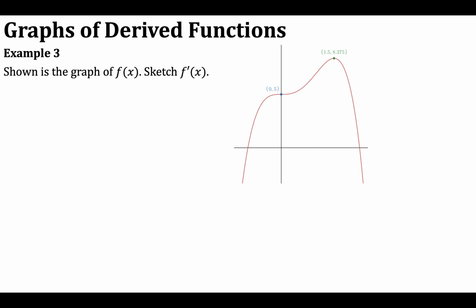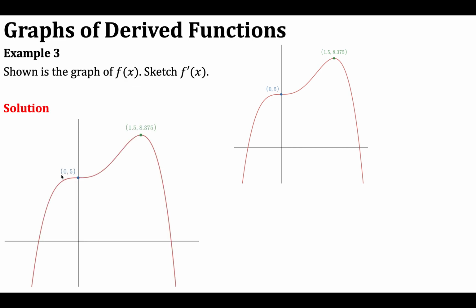So again, we will have a look at what's going on here. We've got two stationary points. We've got a point of inflection at (0, 5), and we've got a point here (1.5, 8.375). So those are stationary points. That means they both have gradient 0, so they become roots.